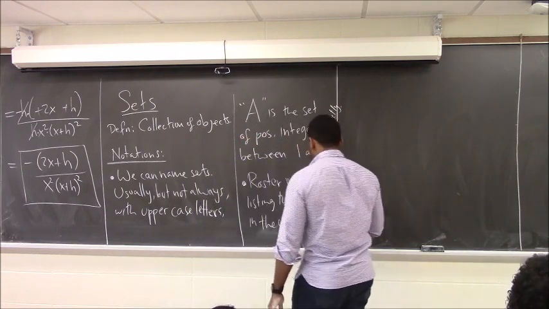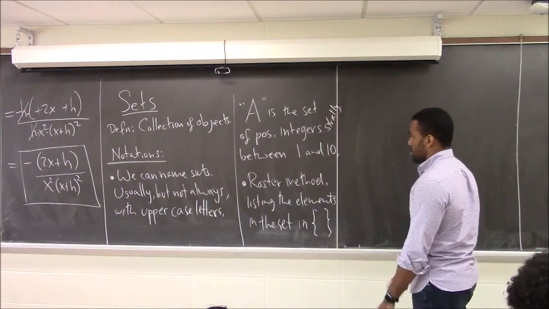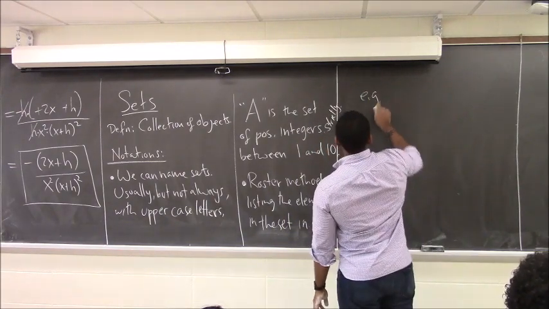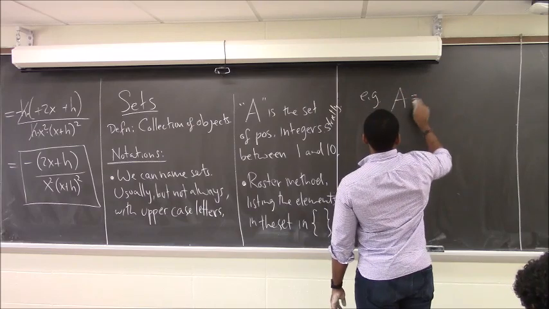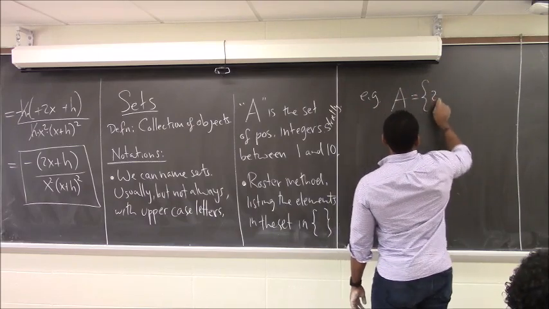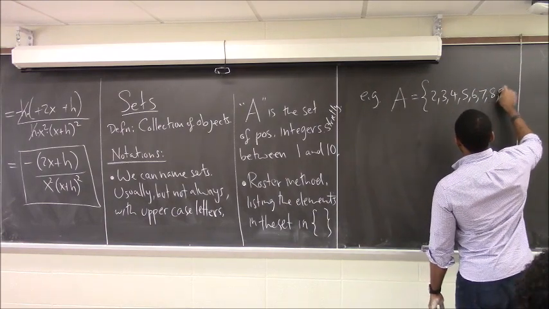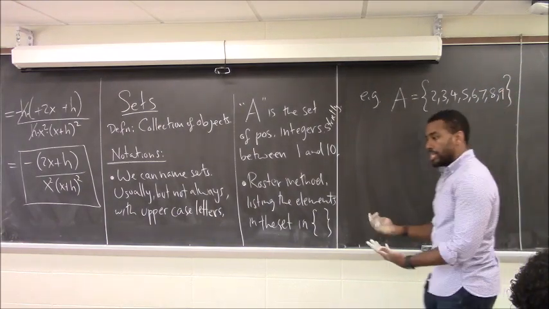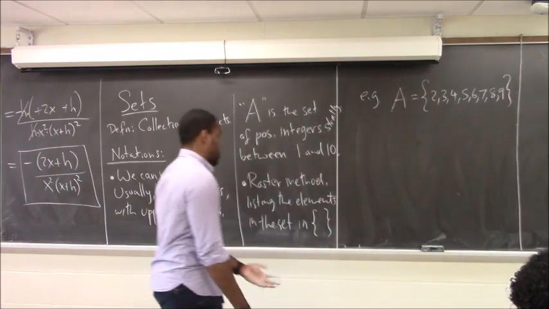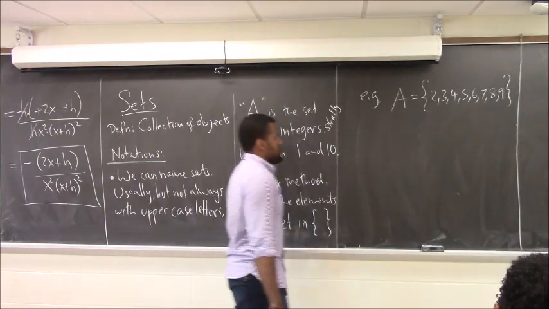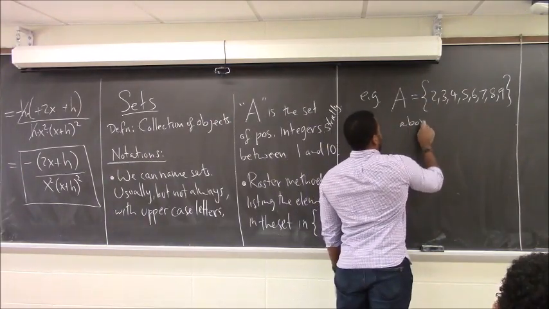We can list them in these curly brackets. So for example, here I can say A equals 2, 3, 4, 5, 6, 7, 8, 9. I can write down a list of all these things and I put it in a squiggly bracket above.